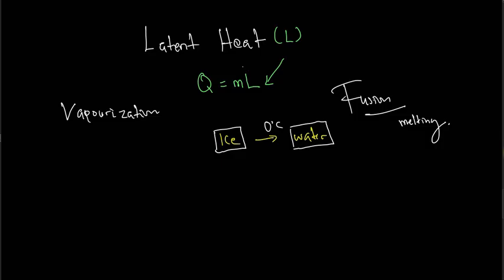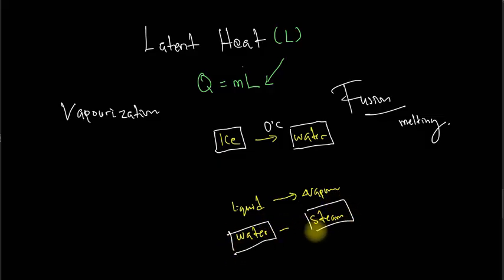Now for vaporization, from liquid to vapor, we can take an example of water. From water to steam, this is a change of state as well. What causes this change of state? It occurs at 100 degrees Celsius. It is latent heat of vaporization.